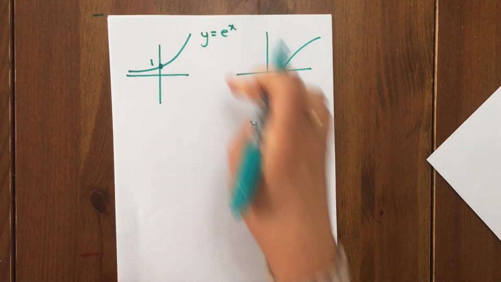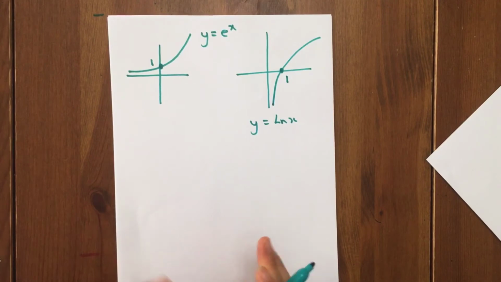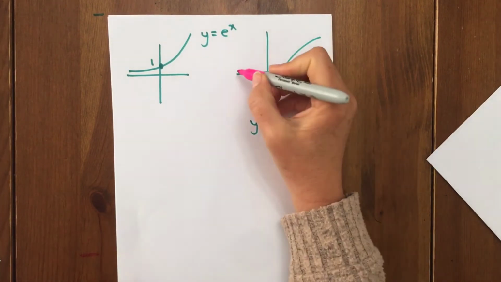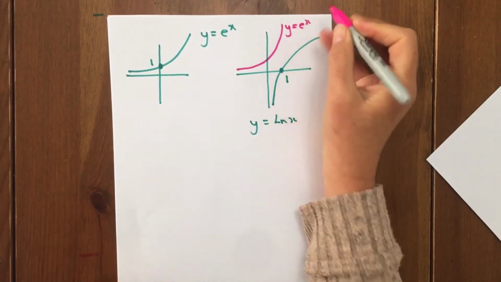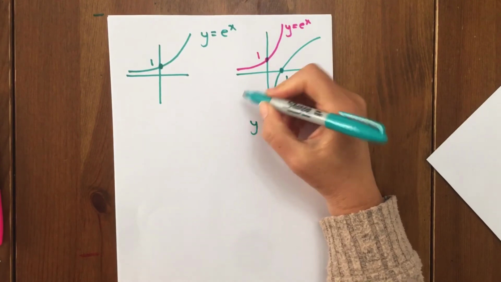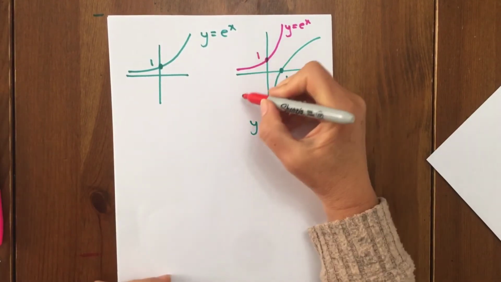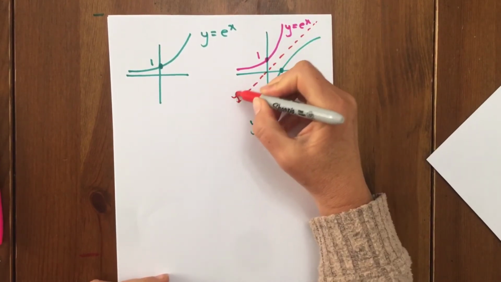Now, these two functions are inverse functions, and we're going to look at this in my next lesson. And if you notice, if I was to plot those two on the same graph, y equals e to the x, going through 1, you can see that one is a mirror image of the other, a mirror image about the line y equals x.